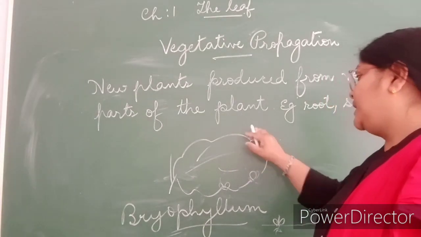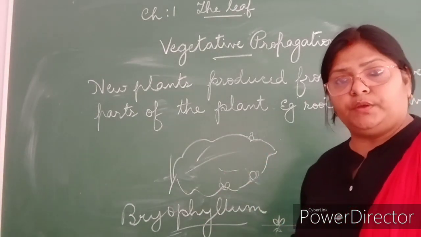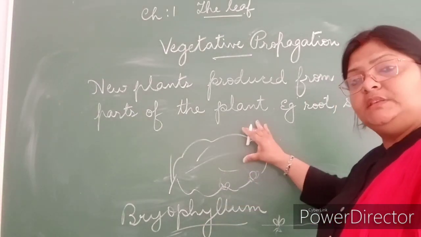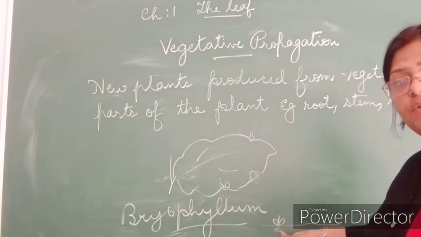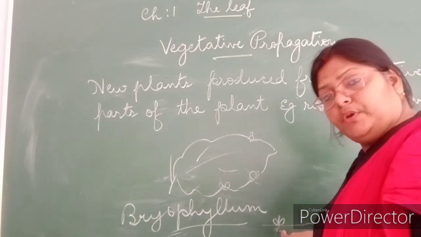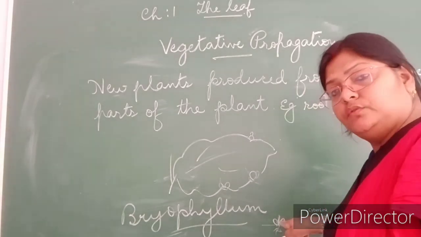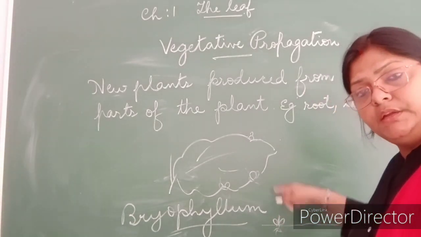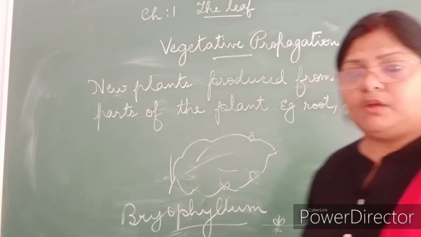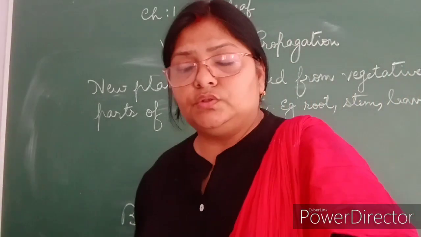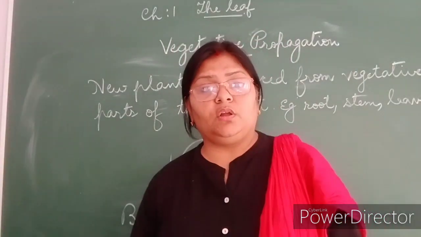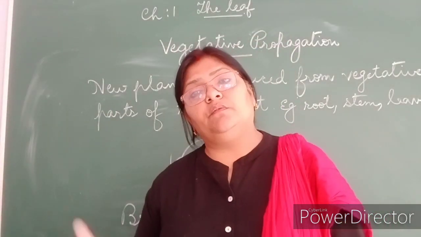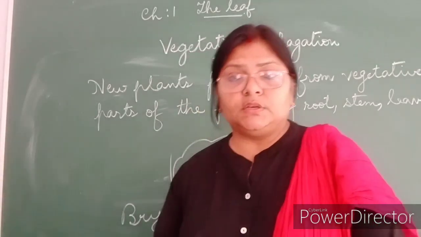In the notches, buds start growing. After some time these buds get detached from the leaf and fall on the moist soil. Once it falls on the moist soil, it starts growing into small plantlets, later giving rise to a bryophyllum plant. So this way of producing a new plant without using seeds is called vegetative propagation.